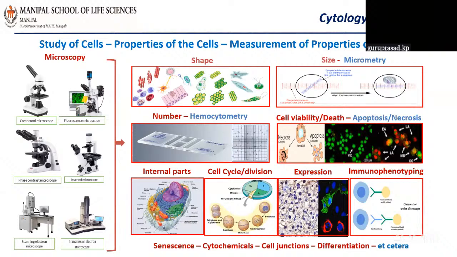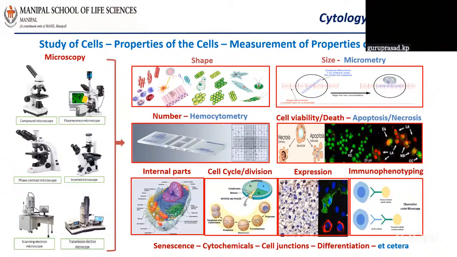We are using a microscope to look at other aspects of a cell, such as immunophenotyping, senescence, expression, everything. So anything that you measure in the cells is referred to as cytometry. So cytology is the study of cells. Cytometry is the measurement of properties of cells. And what is the tool that we are using? We are using a microscope alone.